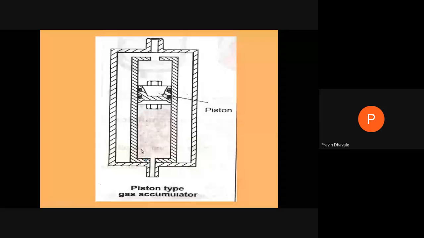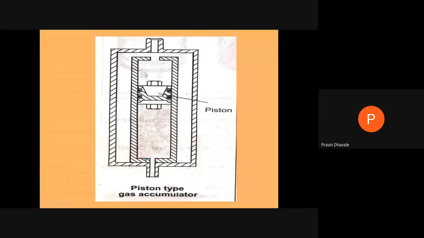There is another type. There is a piston, and from the top side we are supplying the gas, and that gas exerts pressure on the top surface of the piston.